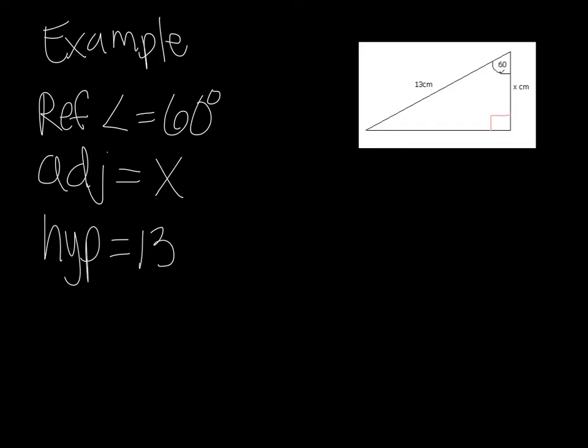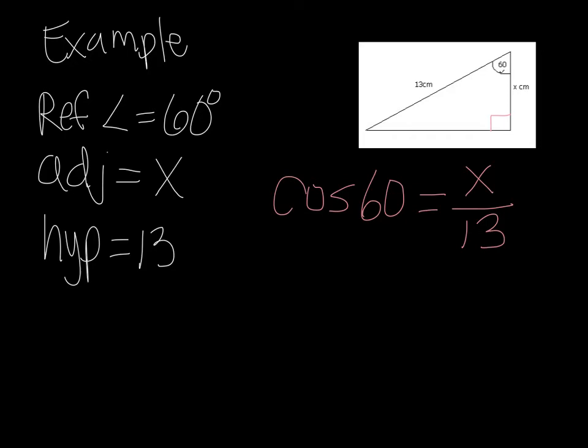For our second step, we're going to set up our ratio. We start with cosine of our reference angle, which we know is 60 degrees, equals adjacent, which is x, over our hypotenuse, 13. Now, we have an unknown variable, which is x, the side length adjacent to our angle.